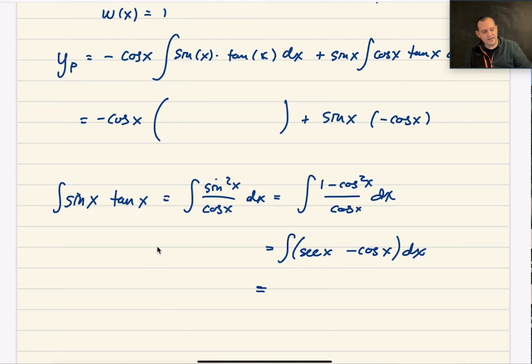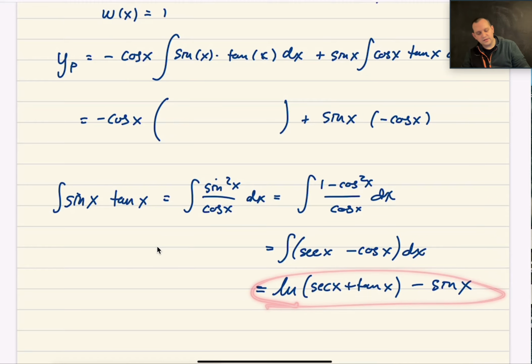And the integral of secant, I'm sure you all know well, is the natural log of secant of x plus tangent of x. Okay, and then the integral of cosine of x is going to be sine of x.